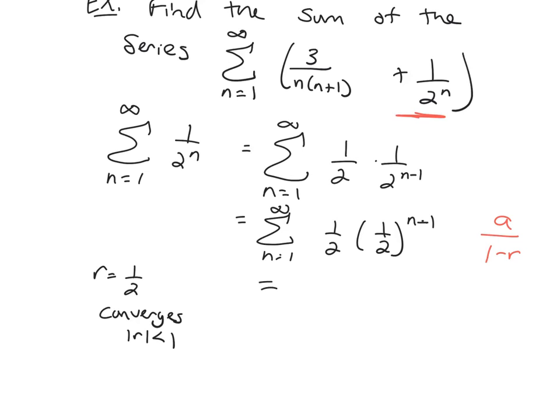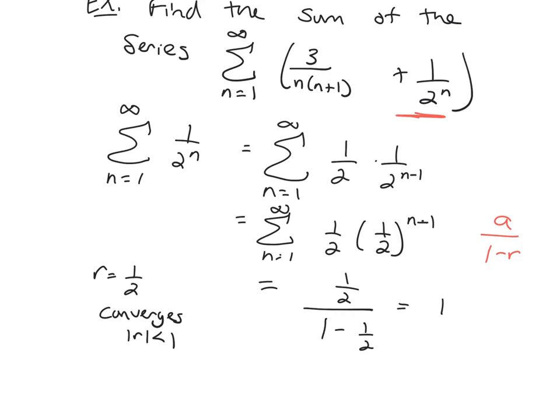So what's a going to be? 1/2. 1/2 over 1 minus r, which was also 1/2. 1/2 over 1/2 is 1. So then we know that the end piece, if I look at that as just a series, it converges.